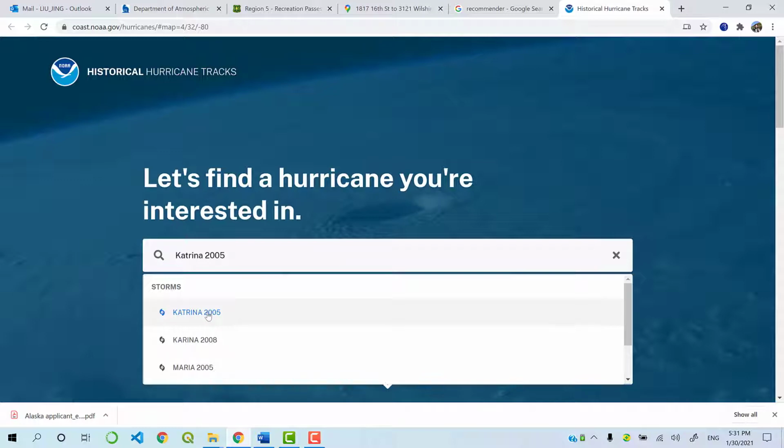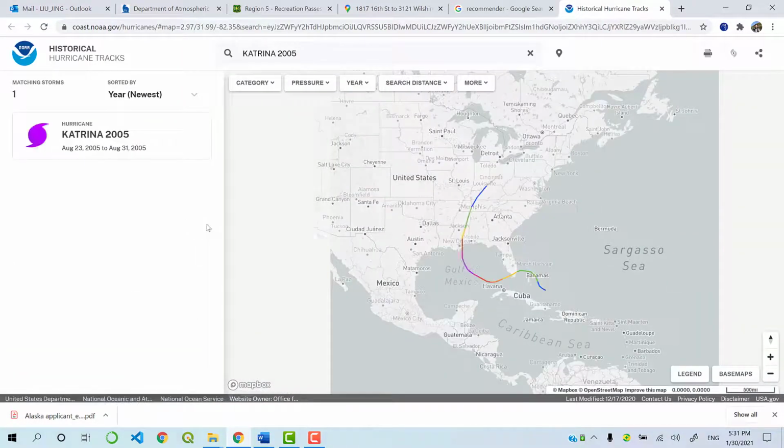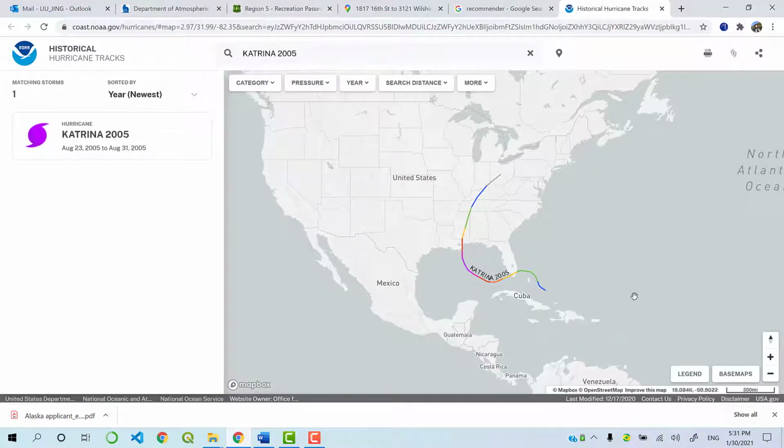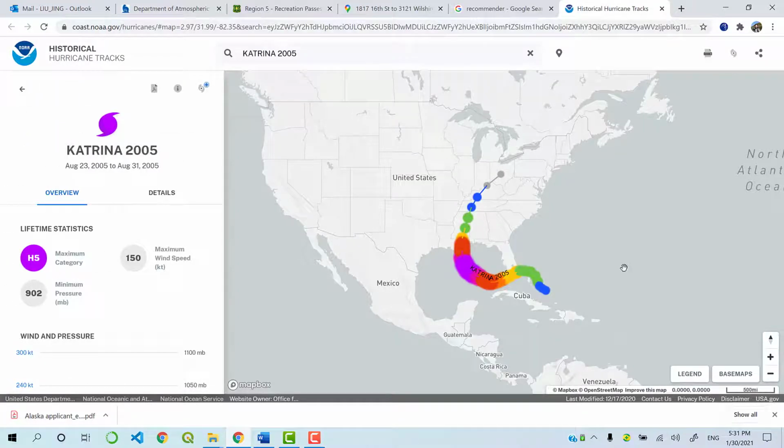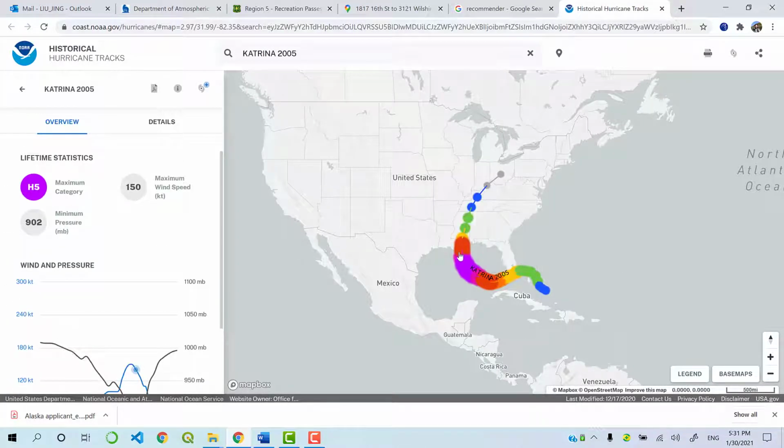You still remember that. Once you are here, you will see there's a track of Katrina. When you click on this icon on the left side, you will see the strength. The bubbles, the color, and the size indicate the category.